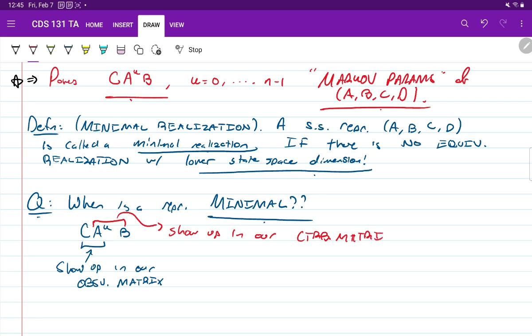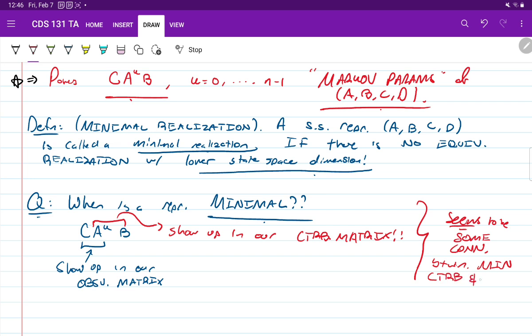This is kind of interesting, right? Maybe something's going on here. So there seems to be some connection between minimality, controllability, and observability. Okay? So something's kind of happening, right?